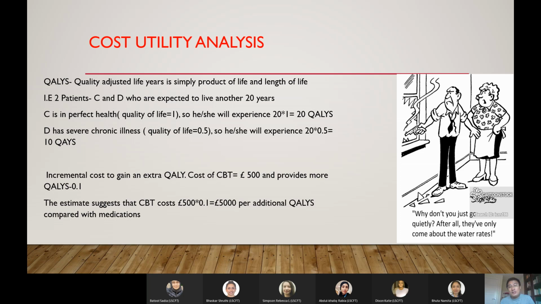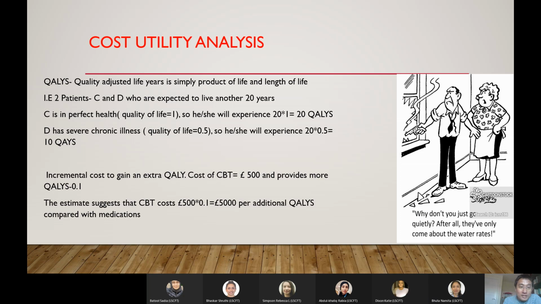Cost utility. Does anyone want to explain cost utility? So the input is money, outcome is quality of life. Okay. So in this also they calculate the incremental cost. So incremental cost is basically the same.